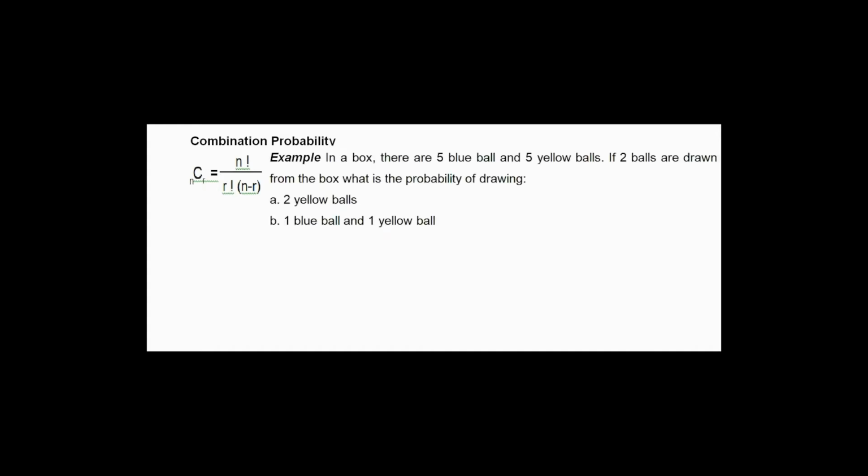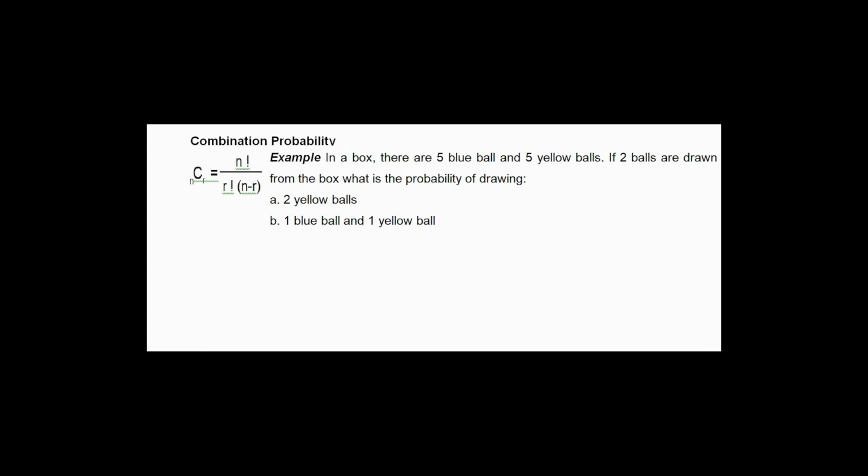If we take this example, in a box there are 5 blue balls and 5 yellow balls. If 2 balls are drawn from the box, what is the probability of drawing situation A, 2 yellow balls, and situation B, drawing one blue ball and one yellow ball?